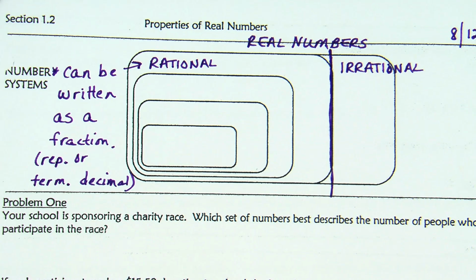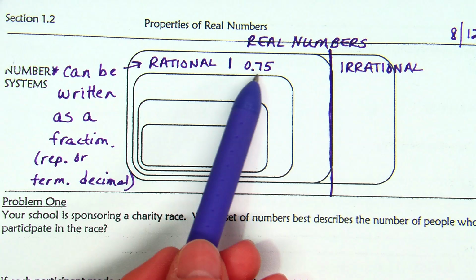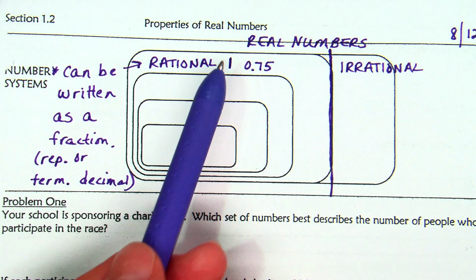I'm going to go with the 0.75 first. How can 0.75 be written as a fraction? It's 3/4, right? Or if you don't know 3/4, it's also 75 hundredths, which can reduce to 3/4. Okay, so it's a terminating decimal there, right?